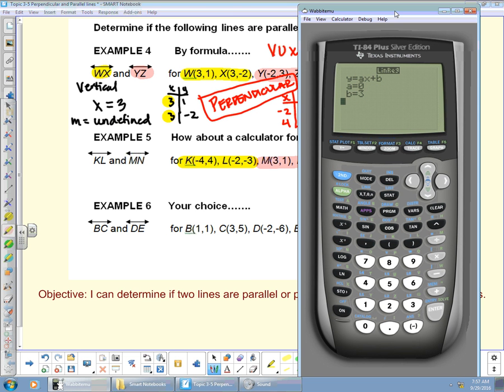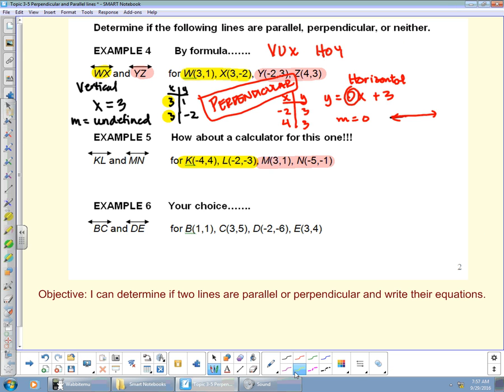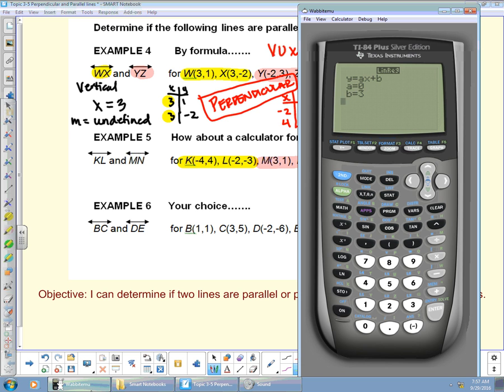And the first thing I'm going to do here is make my T-chart. So when X is -4, Y is 4. When X is -2, Y is -3.